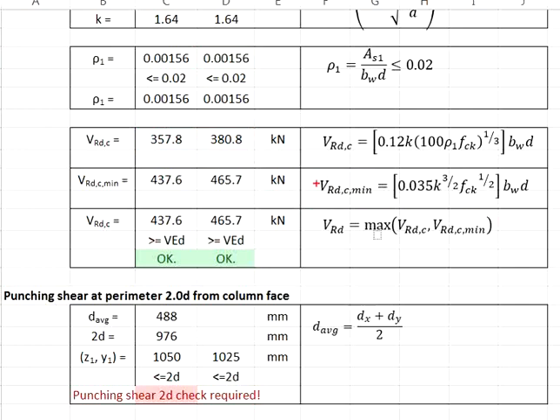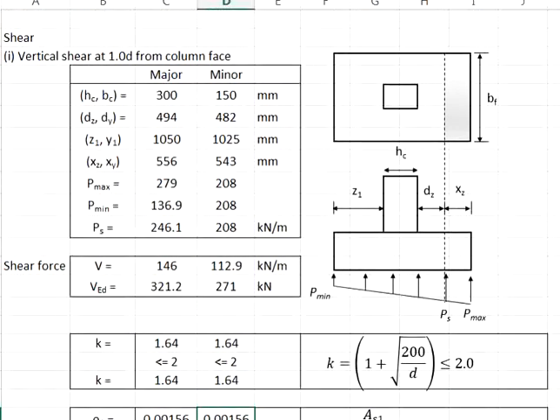You will do the same for VRd,c minimum. Substitute the k into the equation, fck equals 30, and then use the right bd to determine the VRd,c minimum. Same process.